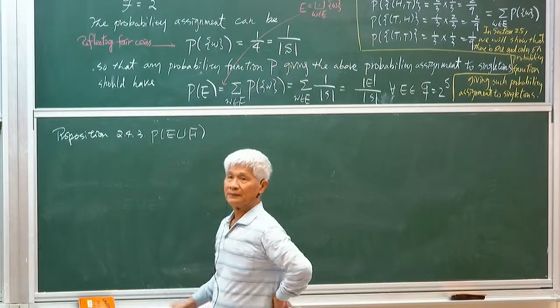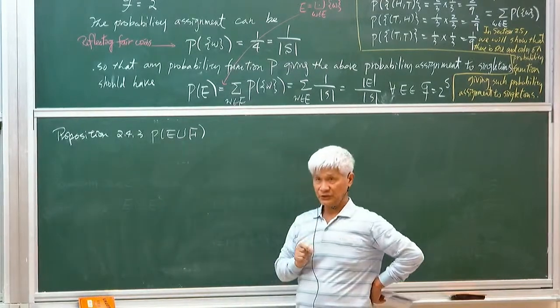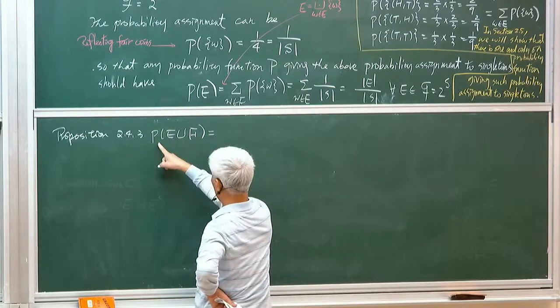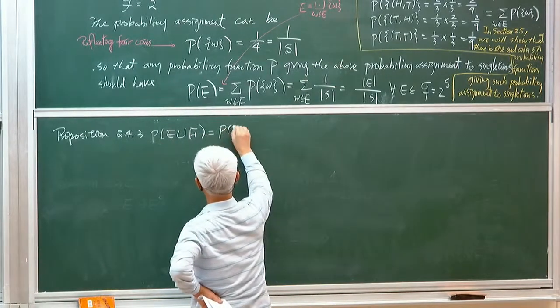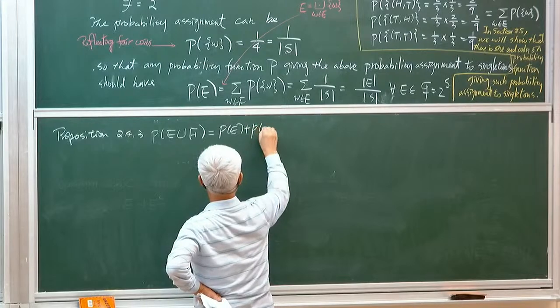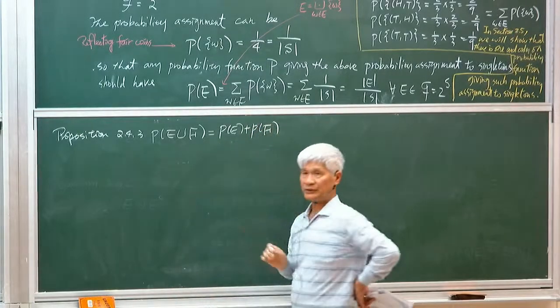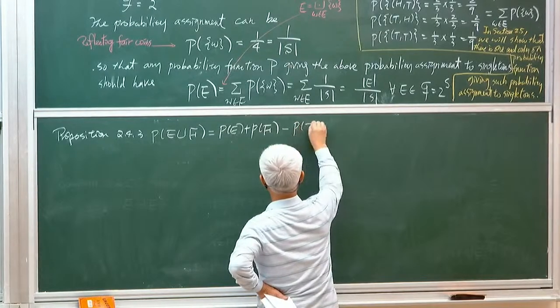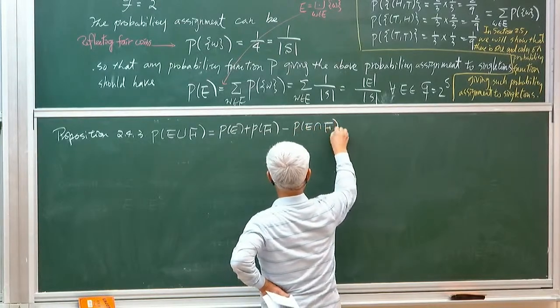But in general it's just a general union, and this probability is the sum of the two individual probabilities minus the probability of their intersection.